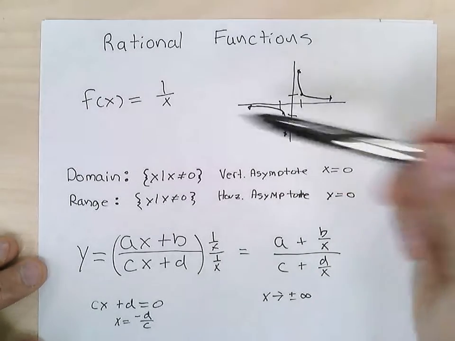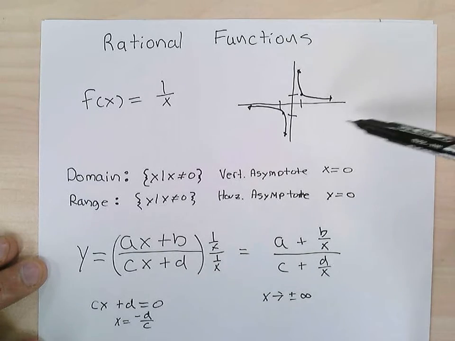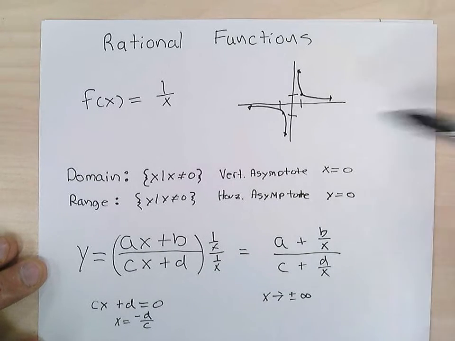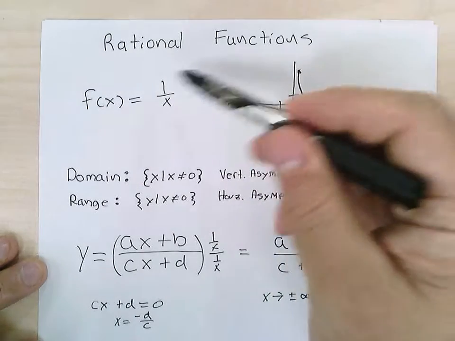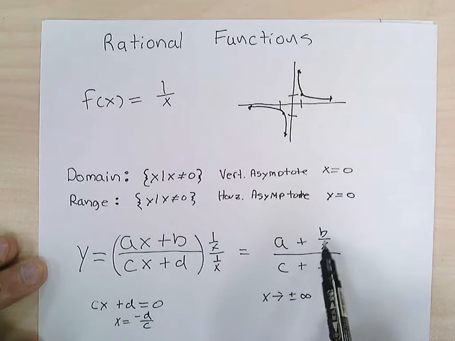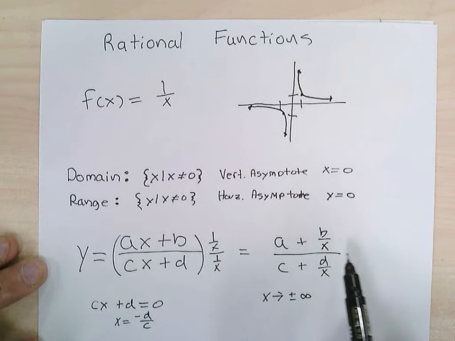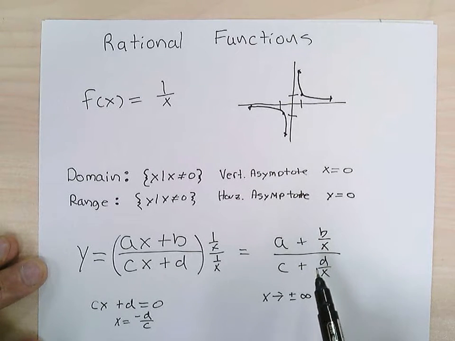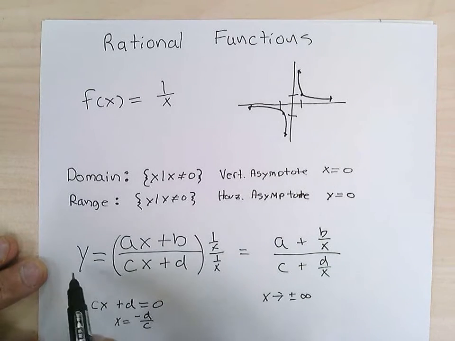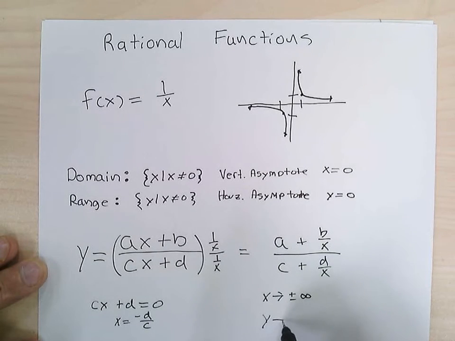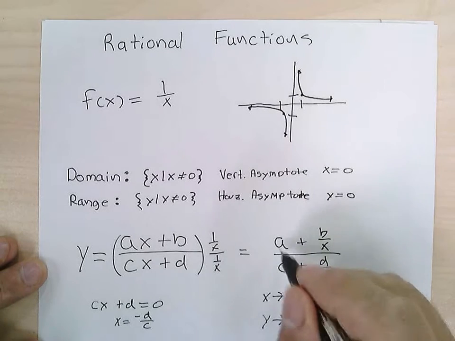Well, just like up here, as x got very large, it got closer and closer to the x-axis, or closer and closer to a value of 0. And that's what's going to happen here. It wouldn't matter what this value of b is. As this gets really large, this becomes 0, and so does this. So what is our y value going to be equal to as x gets very, very large or small? It's just going to be a over c.